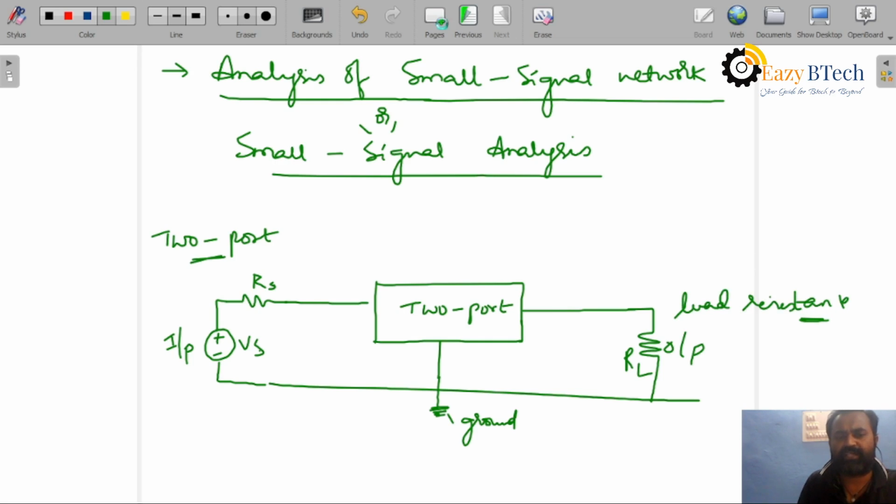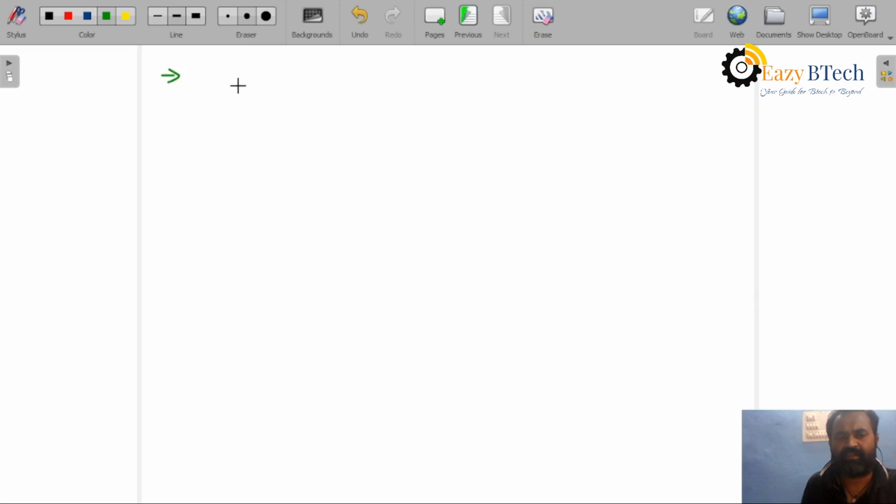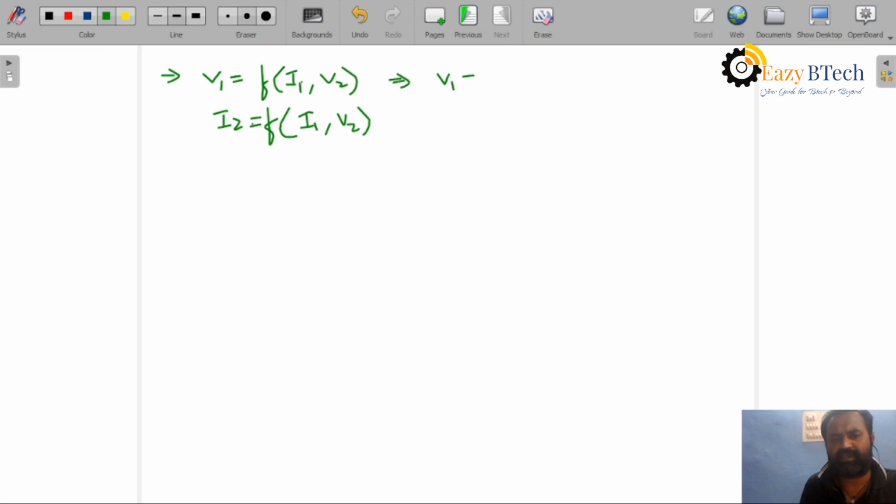Okay, already we know the H parameter analysis. From the equations, V1 is a function of I1 and V2, and I2 is a function of I1 and V2. We write V1 = H11 I1 + H12 V2 and I2 = H21 I1 + H22 V2.